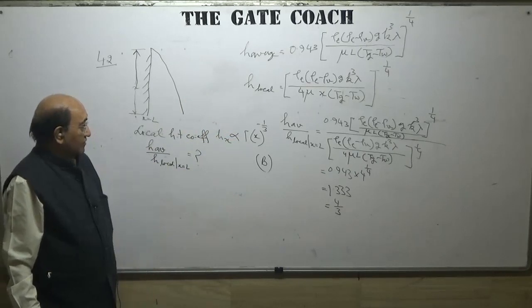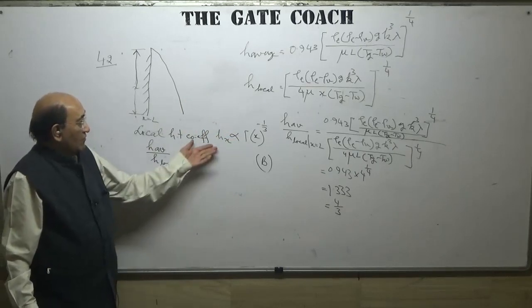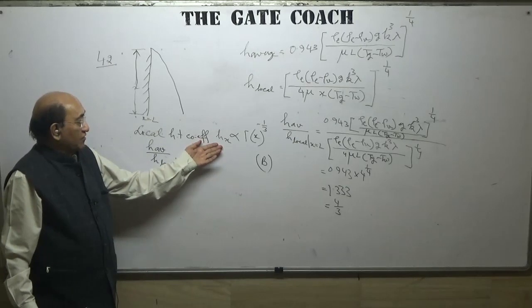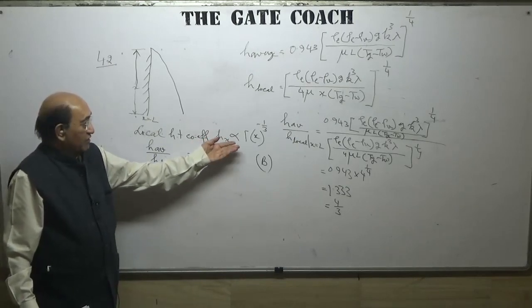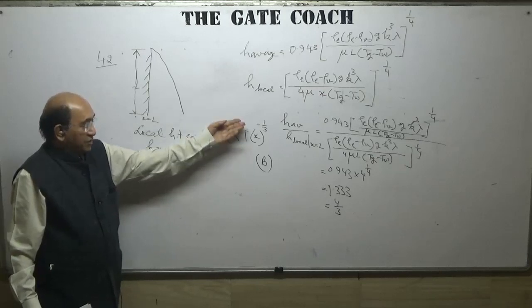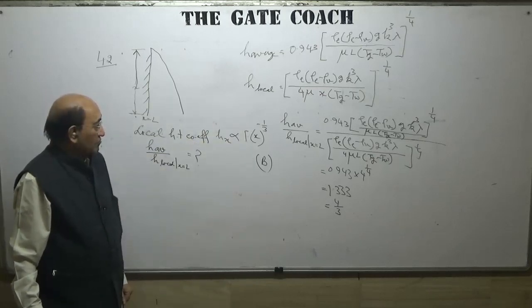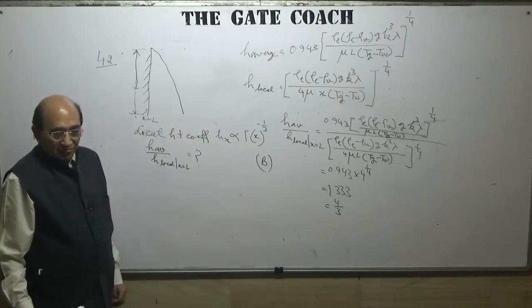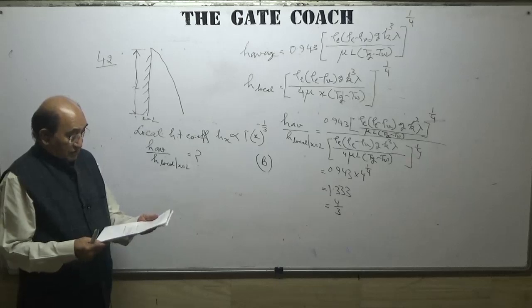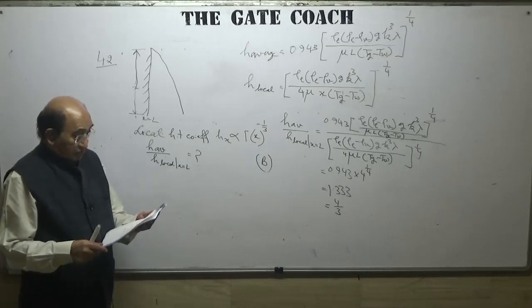Simplify and get the result. And this heat transfer coefficient is proportional to the mass flow rate, which is given as mass flow rate power minus 1 by 3. This mass flow rate doesn't come into the picture. Heat transfer coefficient we have to determine.